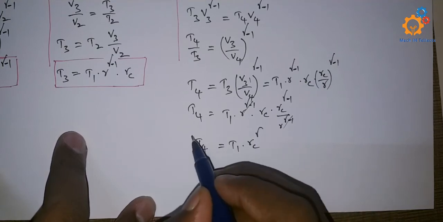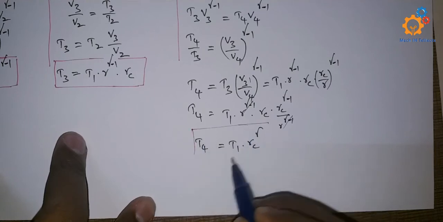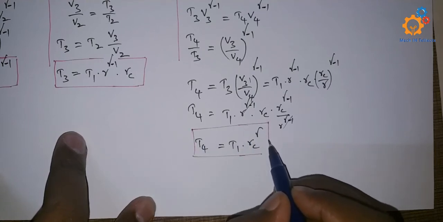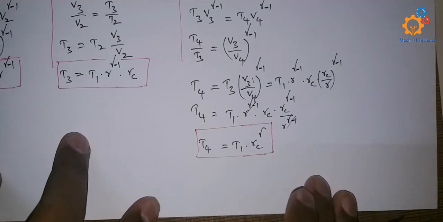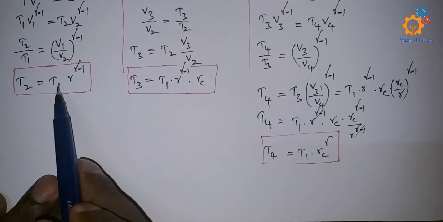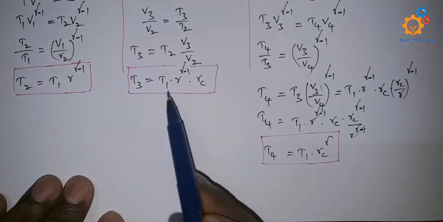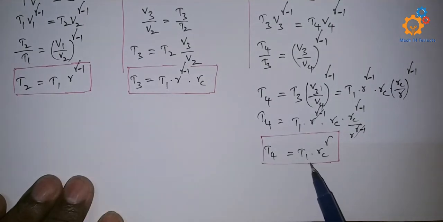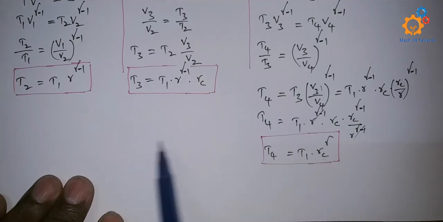Now I have all the temperatures, T2 in terms of T1, T3 in terms of T1, T4 also in terms of T1. My steps are complete.